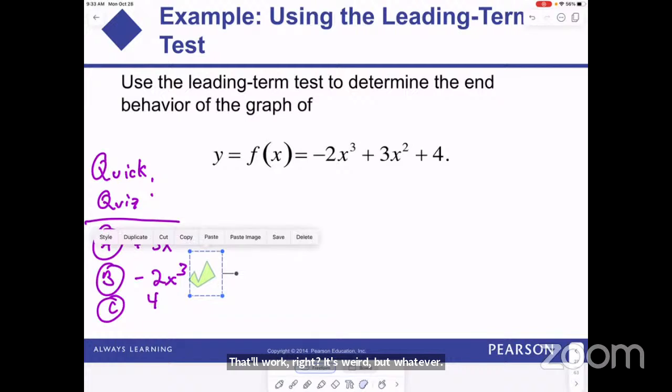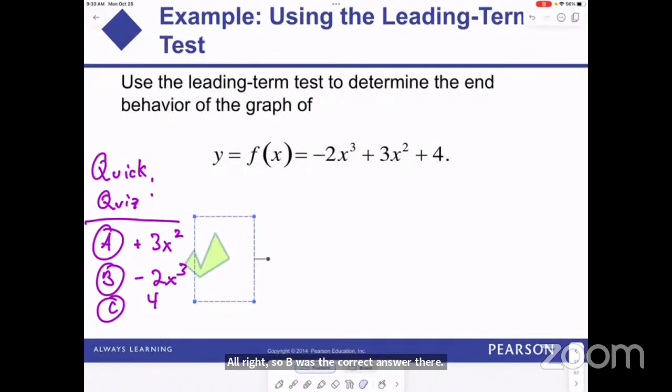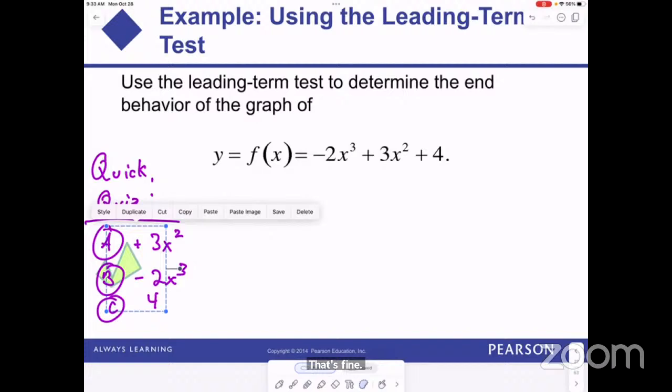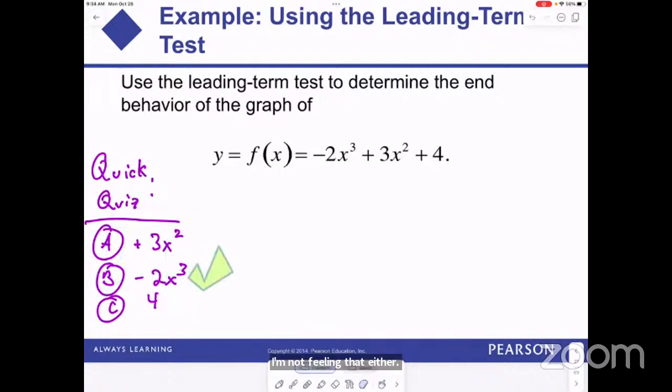All right, so B was the correct answer there. I'm not feeling that either. It just feels weird. Okay, we'll go with this. So that was our quick little quiz. The leading coefficient there was the negative 2x cubed. Let me write down that question just so we have it for reference.